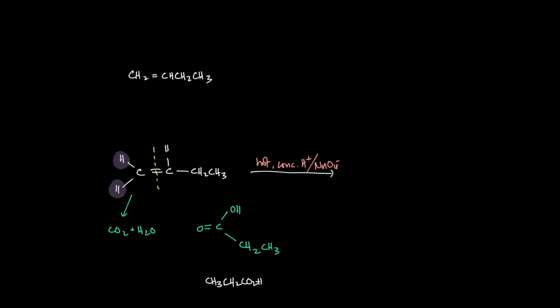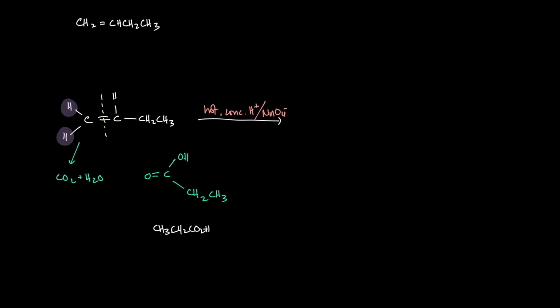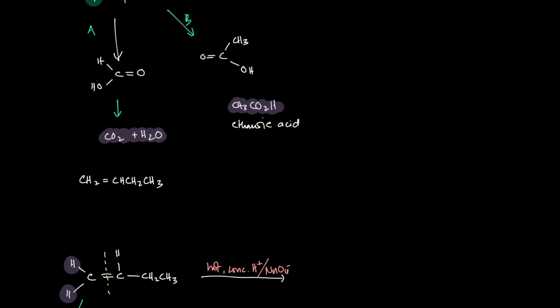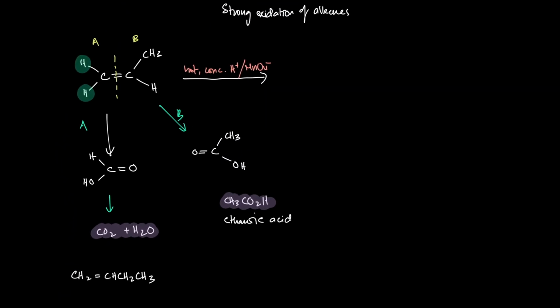Okay. So what you've done here is you've actually broken a larger compound into smaller pieces. You've taken an alkene, and through strong oxidation of this alkene, you've broken it down into smaller bits and pieces. Okay. Whenever you rupture the double bond, if the carbon atom is bonded to two hydrogen atoms, you end up making carbon dioxide and water. If it's bonded to one hydrogen atom, you end up making a carboxylic acid. Okay. So in the first example over here, we started with propene.